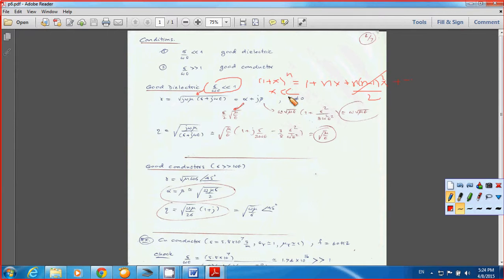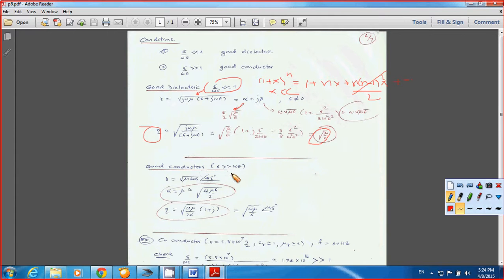Okay, so you can have the real part and imaginary part. So your alpha ends up being sigma over 2 square root of mu over epsilon, and beta you can simply approximate to be omega square root of mu epsilon. What about eta? It becomes the ratio of j omega mu over sigma plus j omega epsilon, or you can put this as the square root of mu over epsilon.